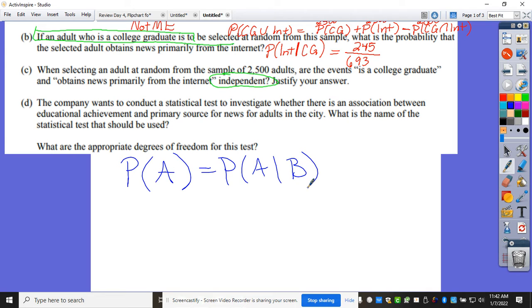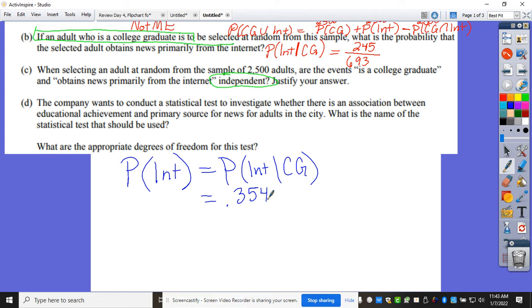This is very common for an AP exam, and they'll ask you to do one of these, but they've already asked you problems to do. They've probably already asked you to do this one, so use it. So which one did they already ask us to do? Internet given college graduate. So what do I want to compare it to? The probability of internet. And we just found this answer in B, it would have given us 0.354.